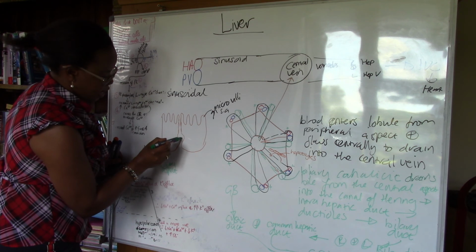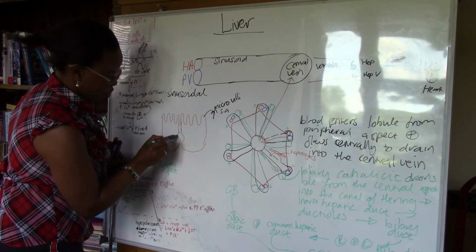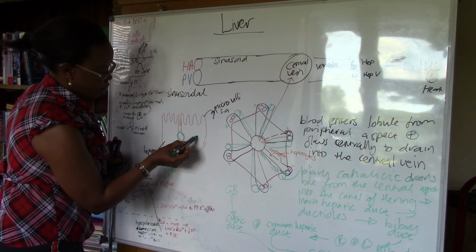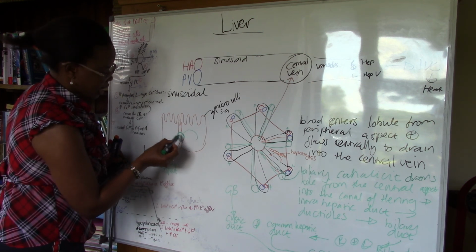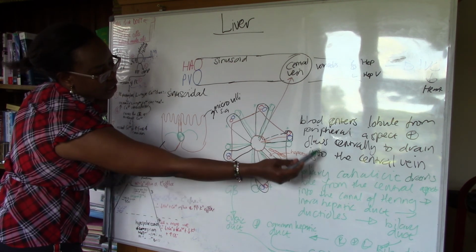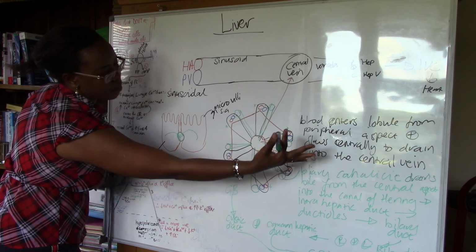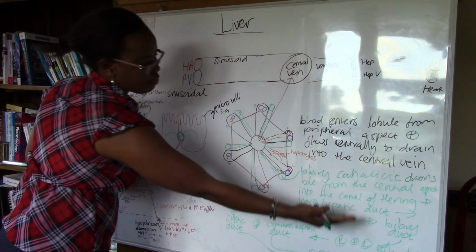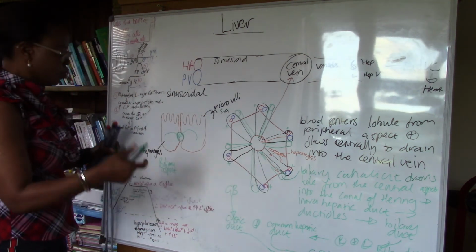However, there is the biliary capillary there, whereby all the bile that is made in the hepatocytes enters that capillary and ends up draining out of the lobule via what finally becomes the bile duct.